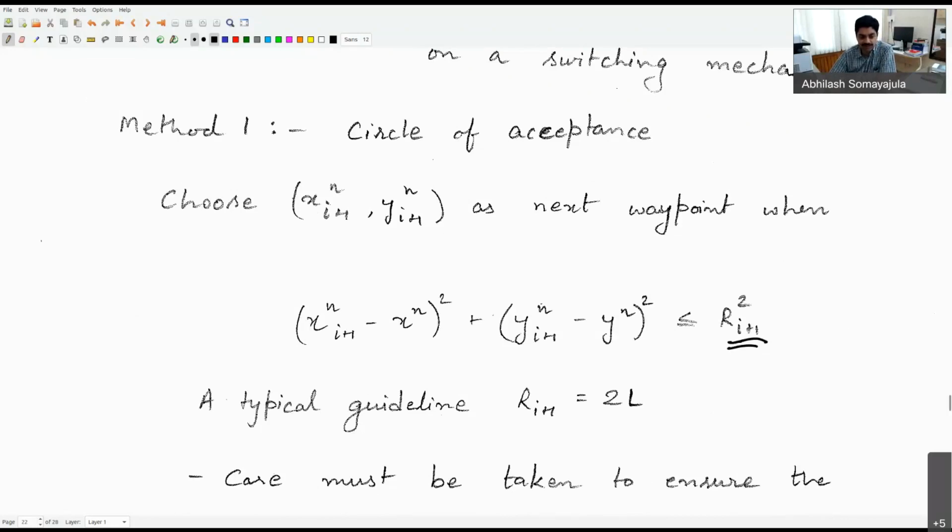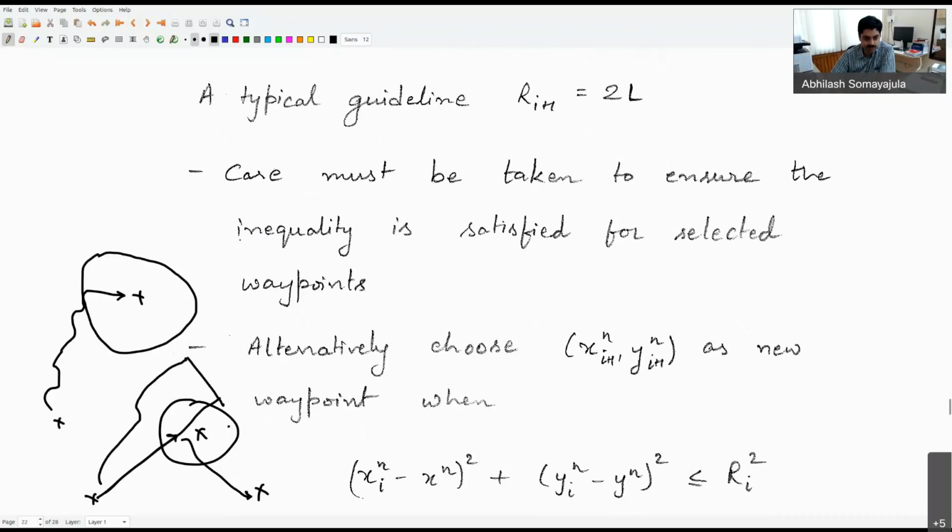After I have come within a circle of acceptance of one waypoint, I am given the next waypoint as the next target to track. And we understood that there might be certain issues in such a scenario: when I don't actually fall inside the circle of acceptance, there's a potential chance of me never being provided with the next waypoint.